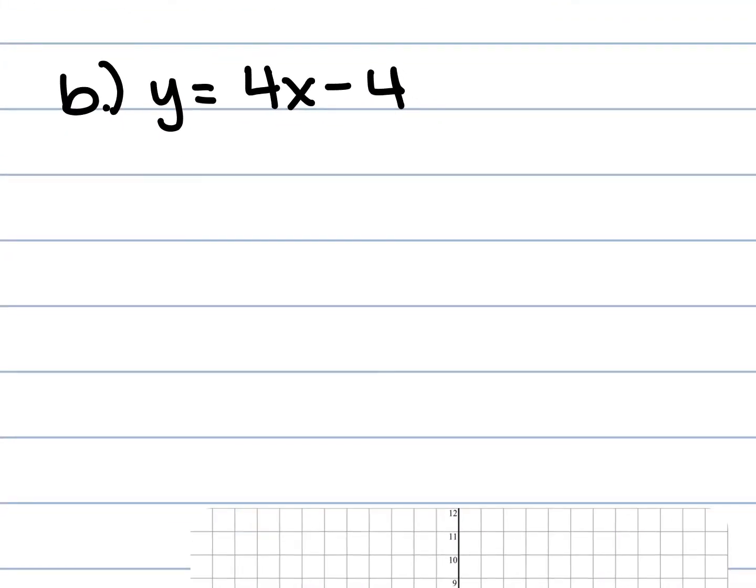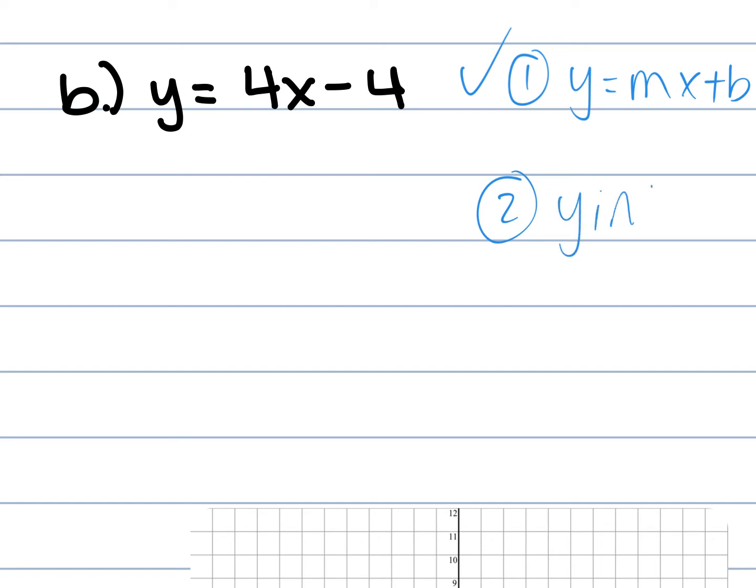Okay, don't look back. Who remembers step number 1? Y equals mx plus b. Mr. Salucci, is this already in y equals mx plus b form? Easy problem. It's already done step number 1 for us. Step number 2, Gabriel, what was it? Find the y-intercept.